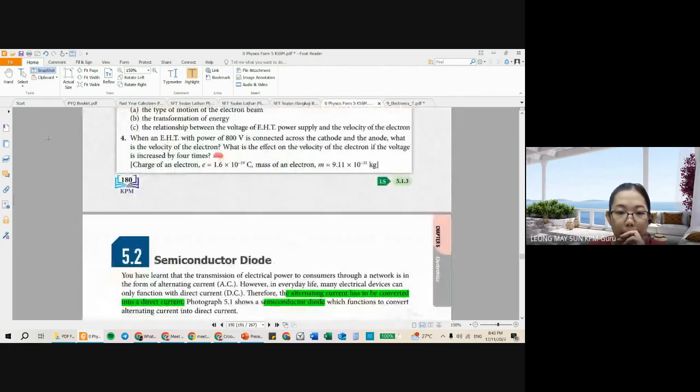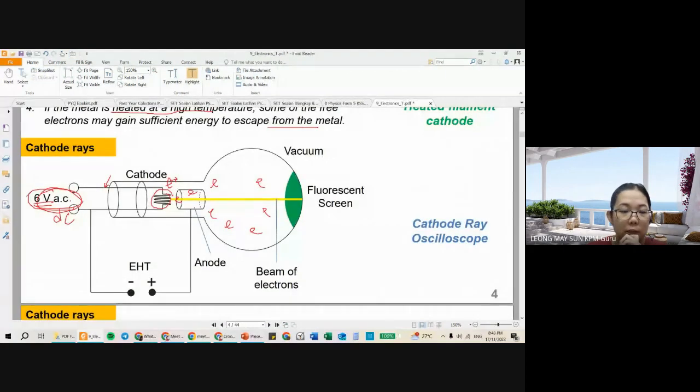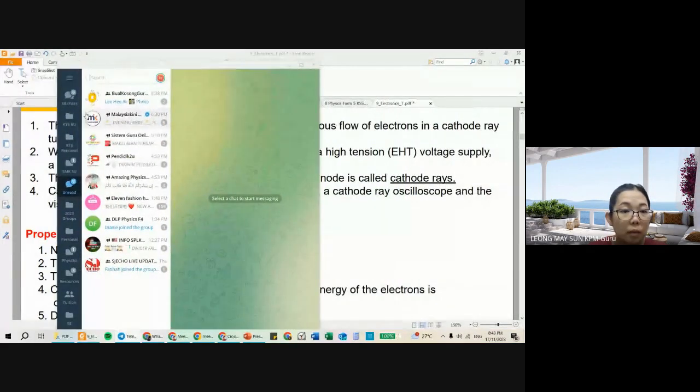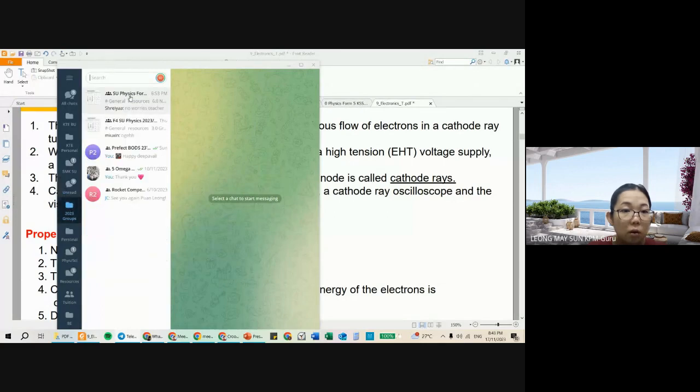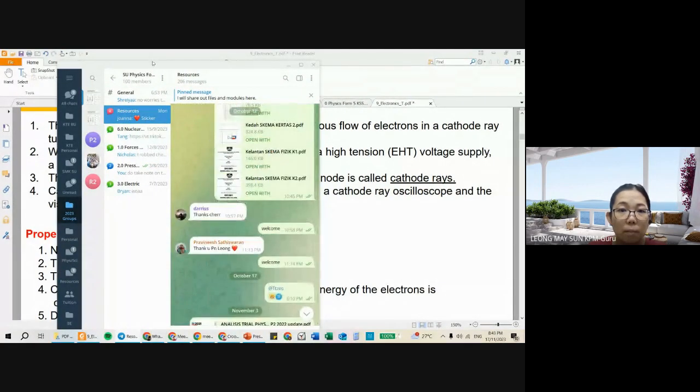Okay. I am going to go to semiconductor diode. For semiconductor diode, I have to use these slides. Now, these slides I gave you guys before, in case you guys didn't notice, they're actually inside the resources, somewhere at the top part.